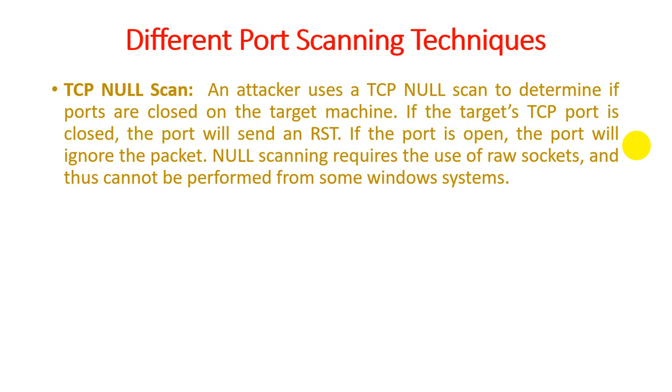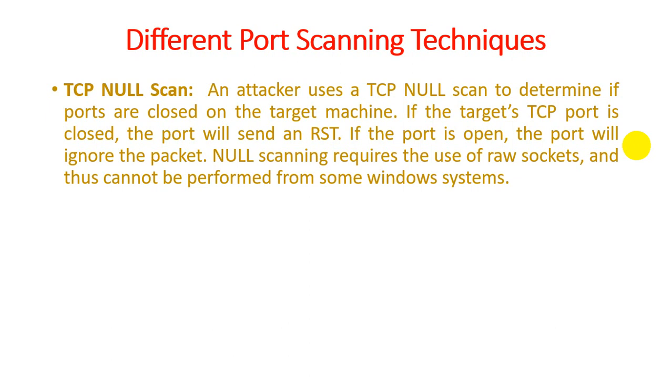Null scanning requires the use of raw sockets and thus cannot be performed from some Windows systems. It means a null packet is the third version, where the system never sends RST and ignores the packets. Between those two cases, if the computer system is not performing any services, at that time the TCP null scan works.